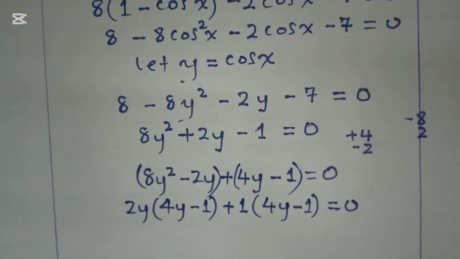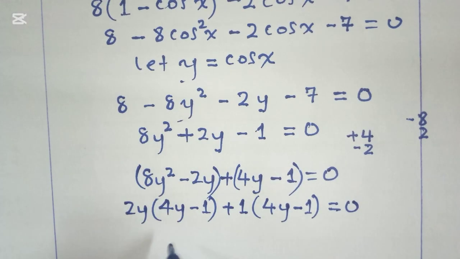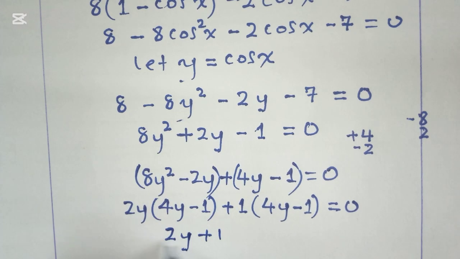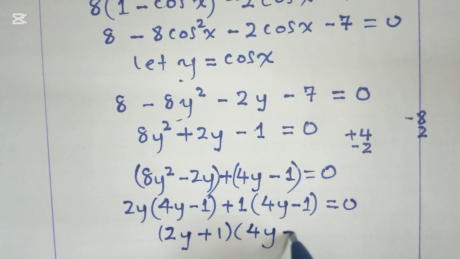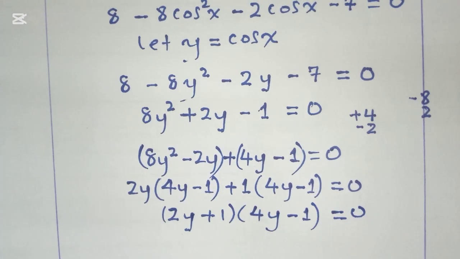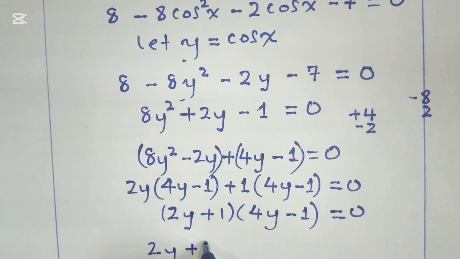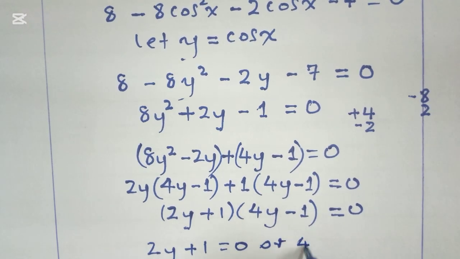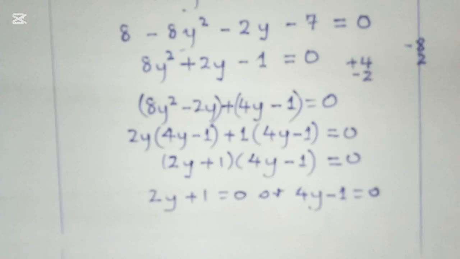From there, we can form the two factors: 2y plus 1 and 4y minus 1, which gives us 0. So either 2y plus 1 equals 0 or 4y minus 1 equals 0.